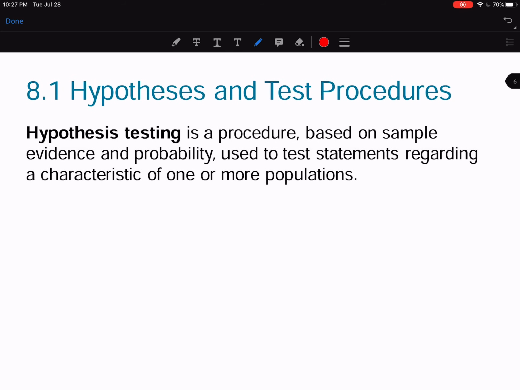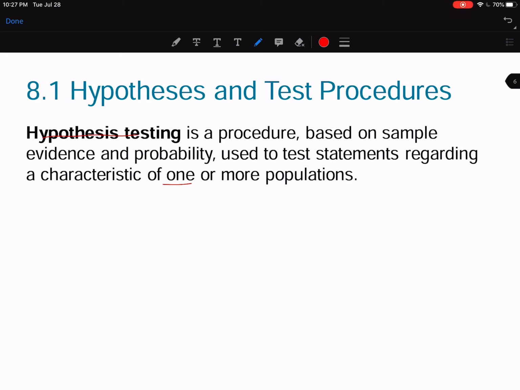All right, once this is clear, let's take a look at hypothesis testing. Hypothesis testing is a procedure based on sample evidence and probability used to test the statements regarding the characteristic of one or more populations. Of course, we're only working with one population in this chapter.